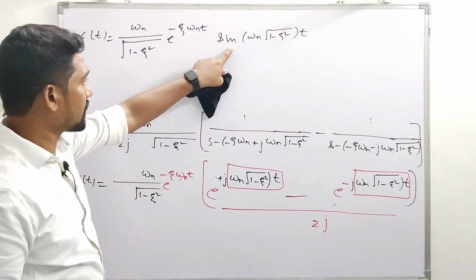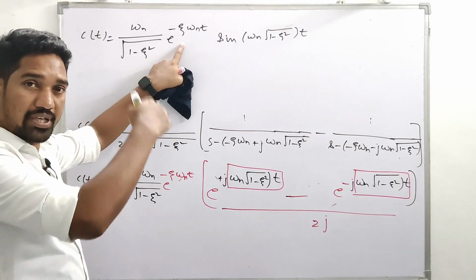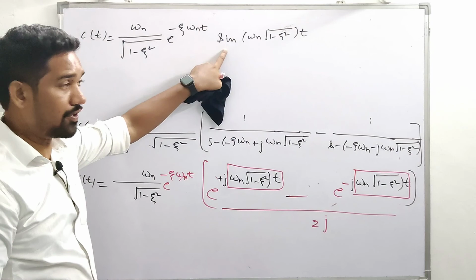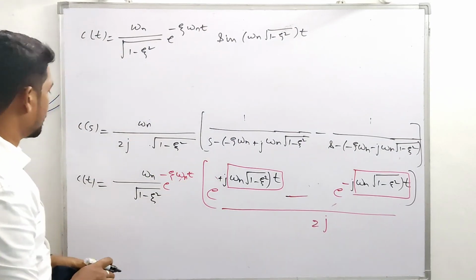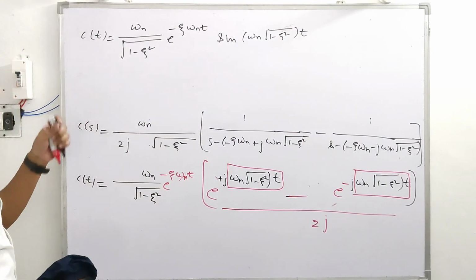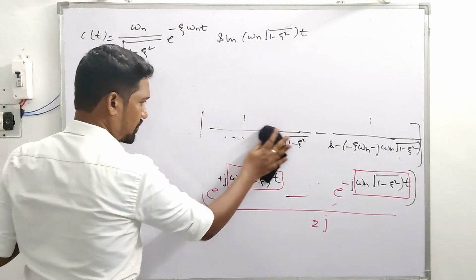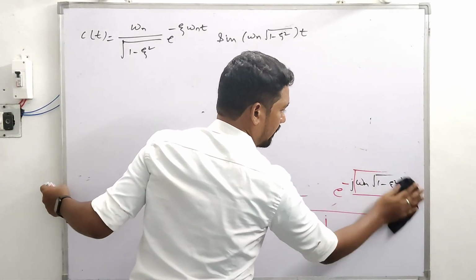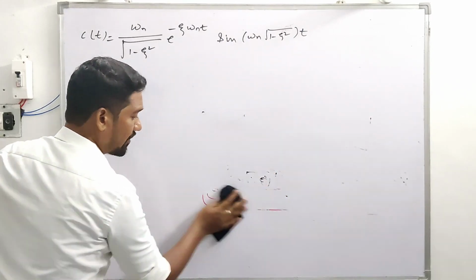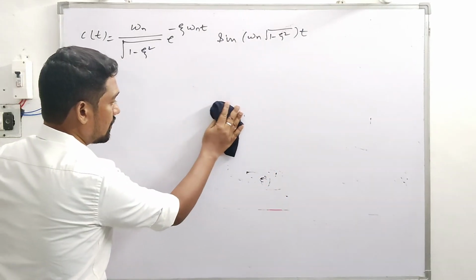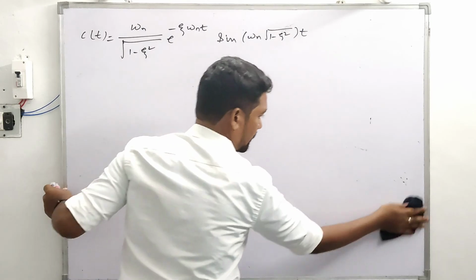So it's a sine function, a damped, decreasing sine function. All right, so this is the final expression for a second order system subjected to impulse input when the damping ratio is less than 1, the underdamped case.